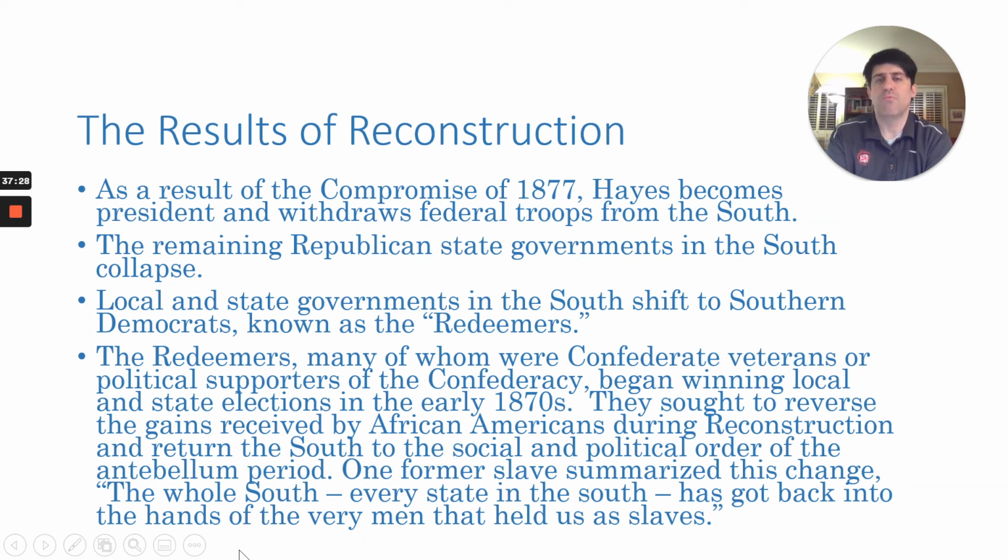We will talk a little bit more about that later this week, and next week we'll talk about how the Redeemers went about creating Jim Crow segregation with new laws and new state constitutions, and also how the historical narrative of the South changed with the Redeemer government and with citizens in civic groups that wanted to extol the virtues of Confederate soldiers and the Confederate dead, and extol the virtues of white supremacy.